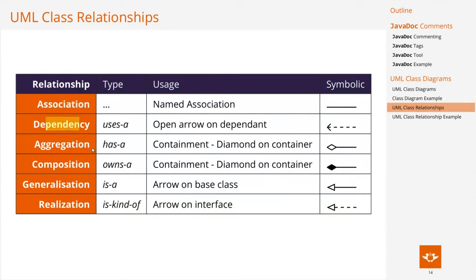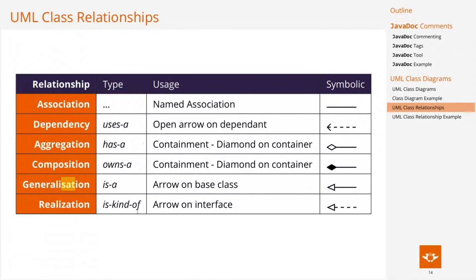There's something called dependencies, where one class uses another class but doesn't have any sort of other relationship. Then we have aggregation and composition, has a and owns a. You should have heard of this notation last year in 1B. Then we have generalization, which is a, and the new kind of relationship which we'll learn about now in Java is kind of, and that's a different type of relationship than generalization.